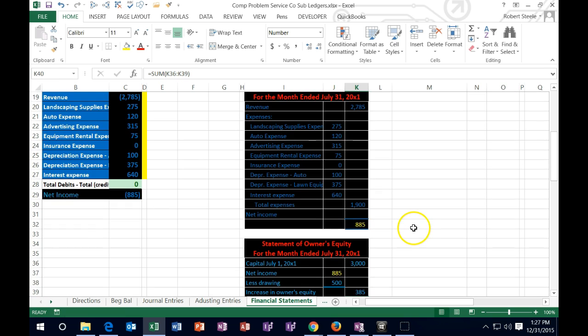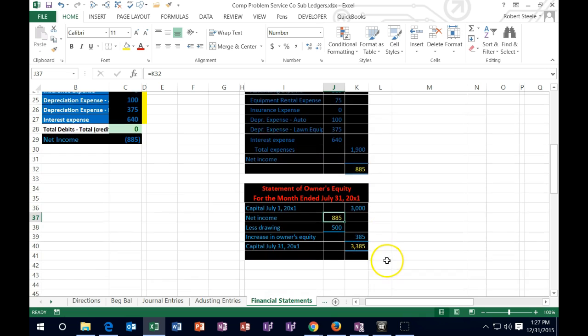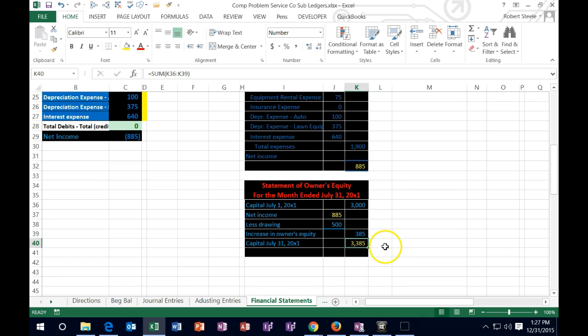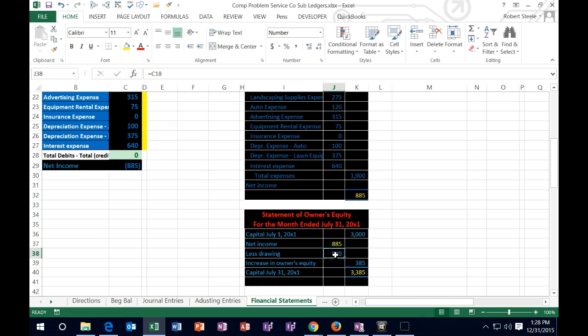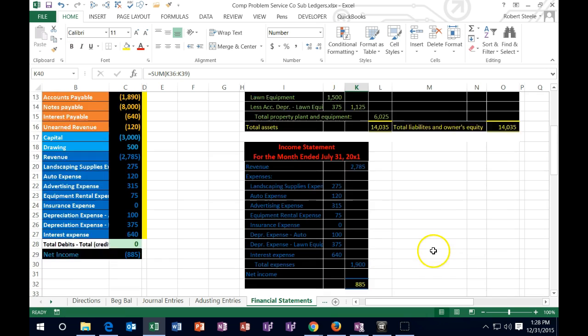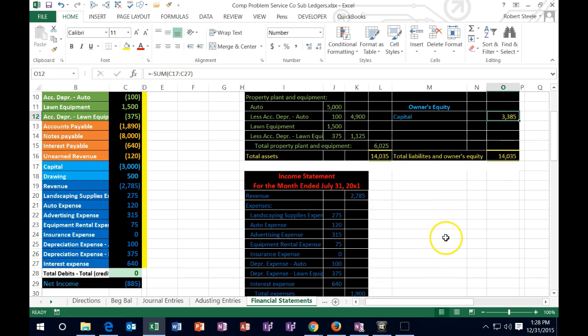In order to do so, we break out the income, net income on the income statement, which will then be part of the statement of owner's equity, which will be calculating the total equity as of the end of the time period. We're given the activity in the equity account and crunching all of this stuff into one number called net income right there. And that gives us our ending capital, which will be on the balance sheet.